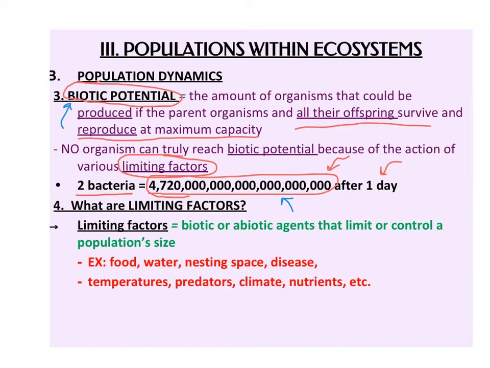And now, like I said, the reason why nothing ever reaches its biotic potential is because there's things called limiting factors. This is extremely important. Definitely write this down in your notes. Limiting factors are any biotic, remember that's living, or abiotic, non-living, agents or factors that limit or control the size of a population.